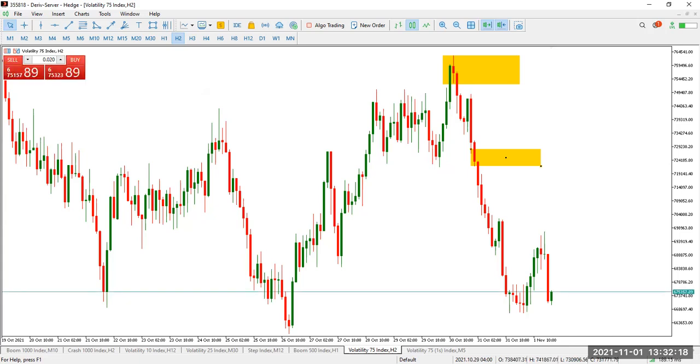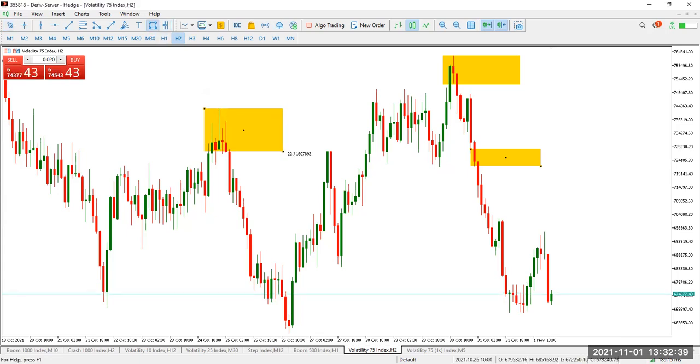Okay, that's the strongest base. Thank you. That's good. What about this one? What do we call this one?